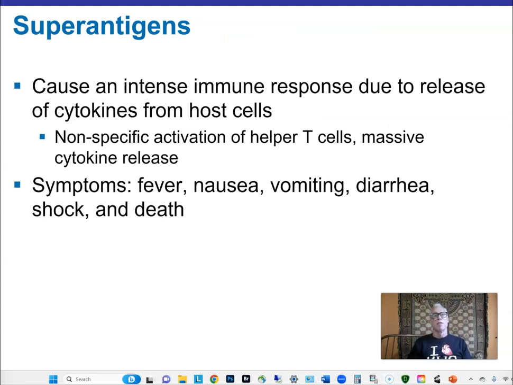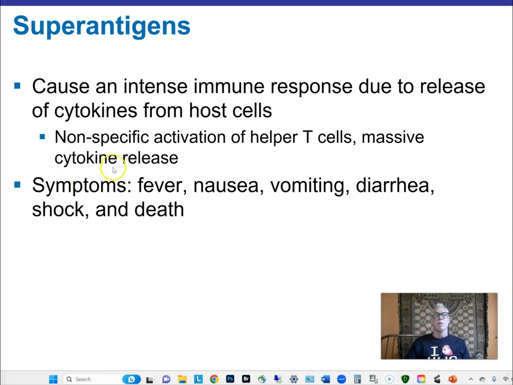Superantigen, here's an interesting topic. Some toxins, in addition to maybe causing one problem, also can be superantigens, or maybe they're not even separately a toxin, but superantigens are chemicals that can cause non-specific activation of T cells. We said that helper T cells produce cytokines, which can promote inflammation but also activate cytotoxic T cells and B cells.